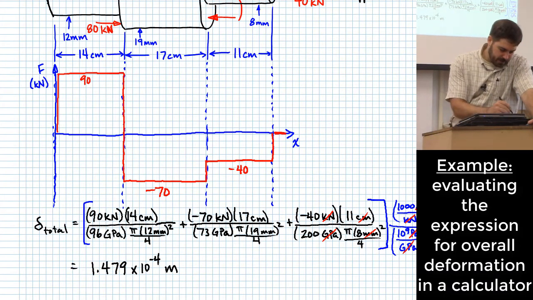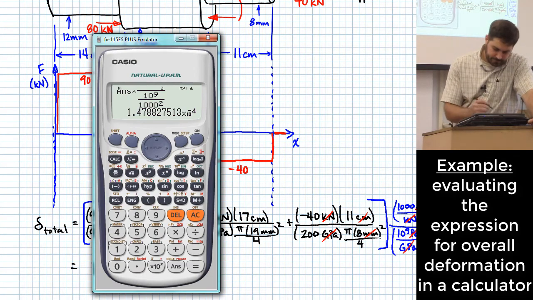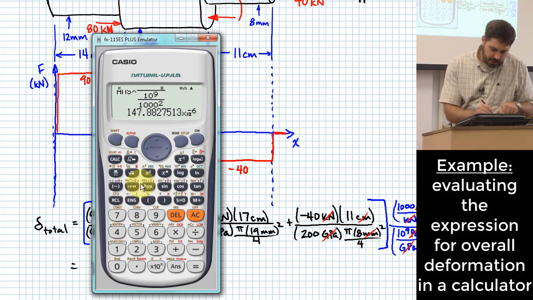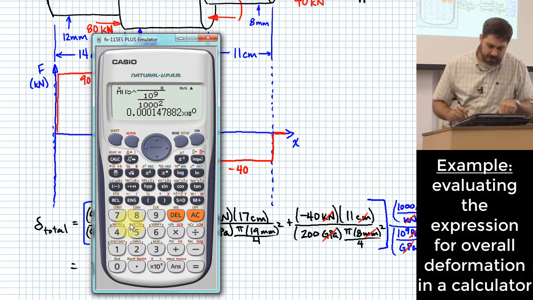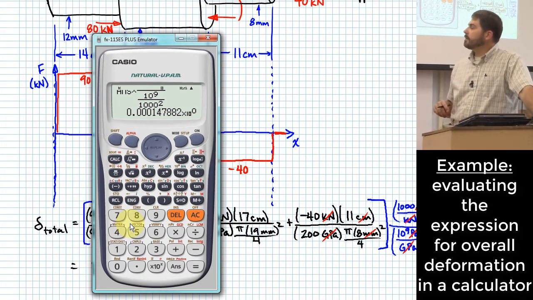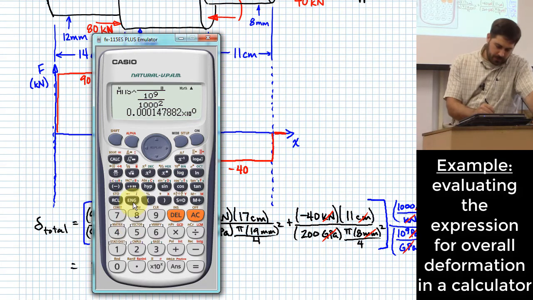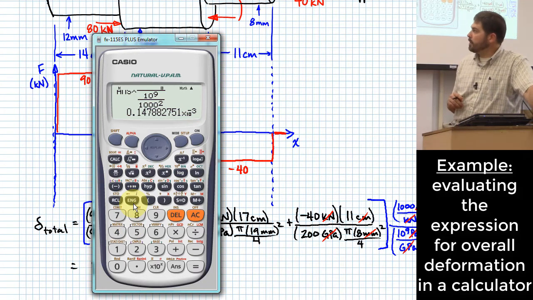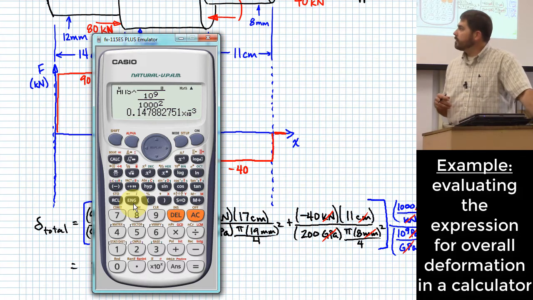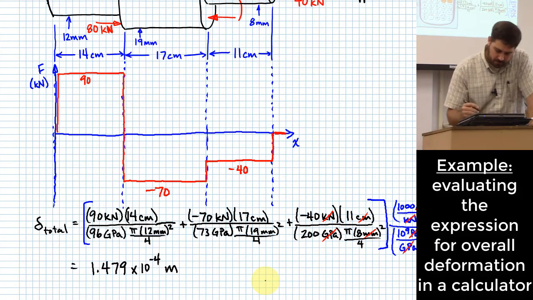What if I hit my ENG, or actually might be better for me to put in something like this, right? 0.0001478. Okay? Or if I do this, then that number should be what? That's millimeters. So, in other words, point A moved by 0.1478 millimeters.